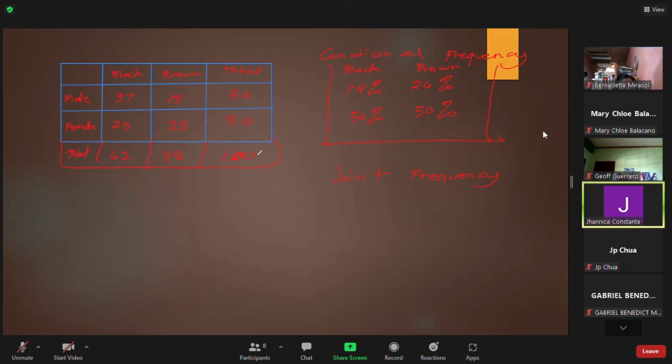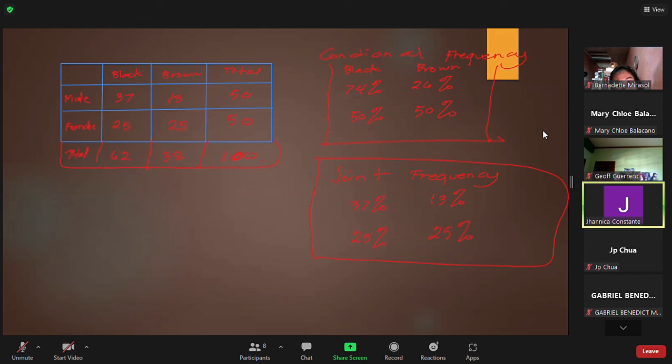So 37 divided by 100 is equal to 37%. 13 divided by 100 is equal to 13%. 25 divided by 100, we have 25%, and 25%. So that's how we solve for the joint frequency and the conditional relative frequency.